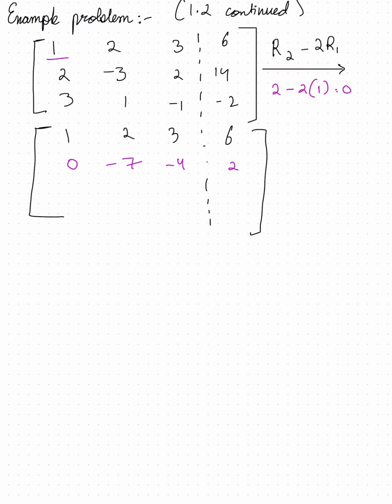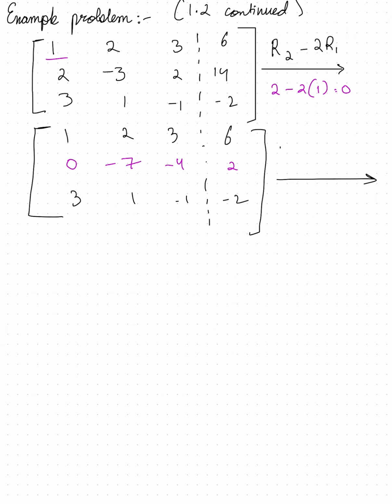So we have 0 below the 1, but we have yet to have a 0 down here. So we have to do row operations again. What can we do to make this point a 0? It's pretty similar to what we did before. Row 3 should be row 3 minus 3 times row 1. Do the same operation for each term.